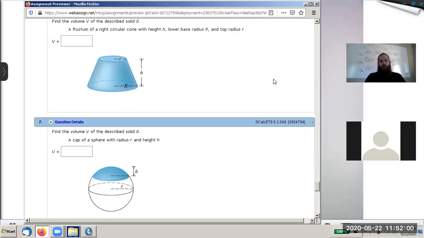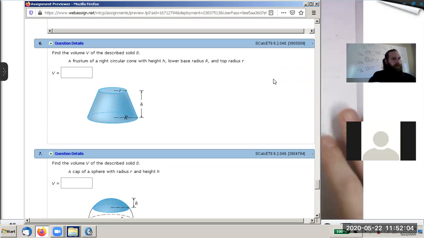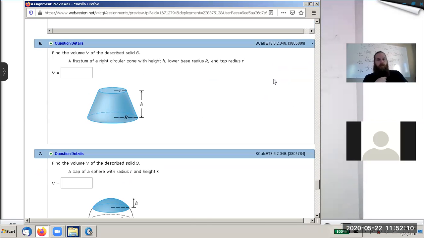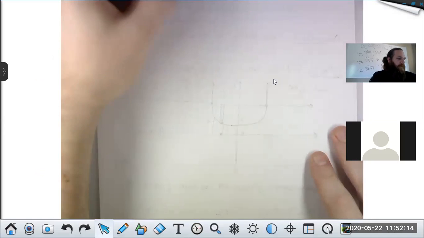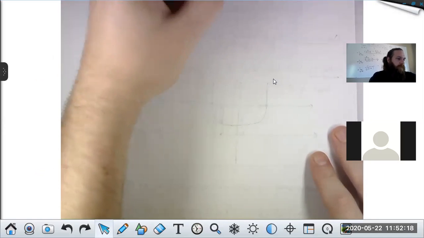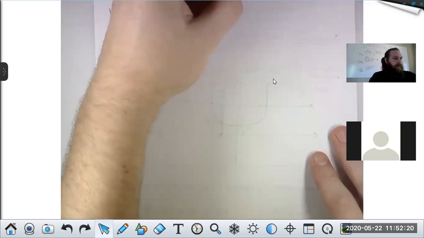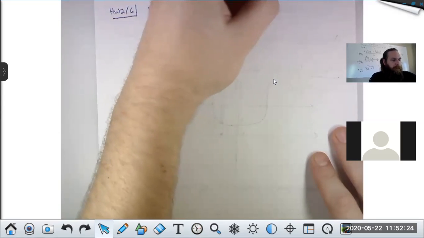Yeah, the frustum of a cone. So a few ways to attack this. So a cone with its top chopped off is called a frustum.